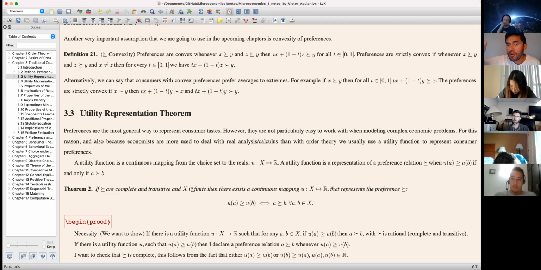Think of in macro, people have really complex choices. So when you are thinking about macro in your macro refresher, people are choosing over crazy things, right? For instance, you're choosing over lifetime consumption, right? And sometimes lifetime consumption with different states of the world, right? So basically the object of choice is kind of a stochastic process, right?